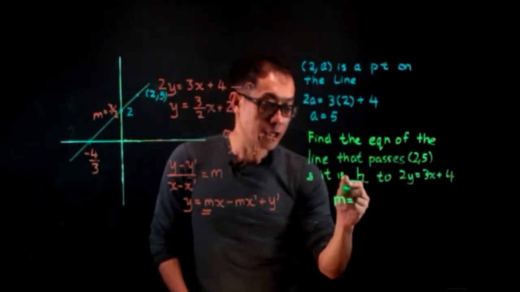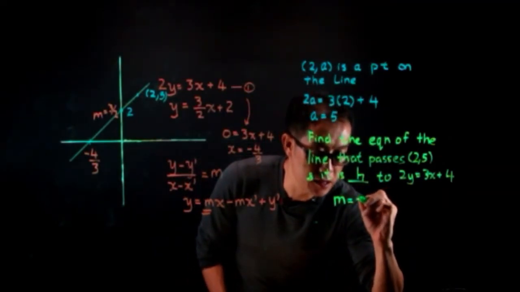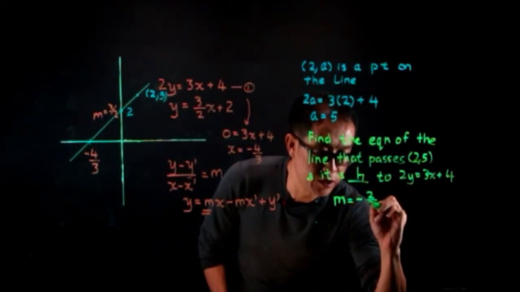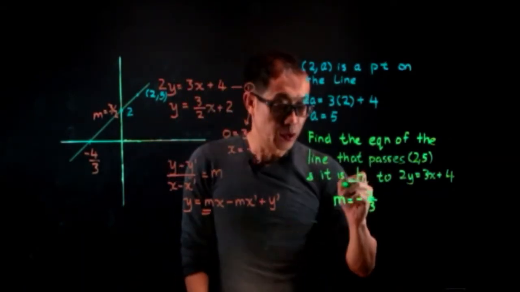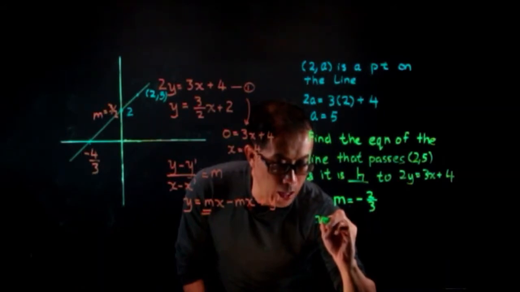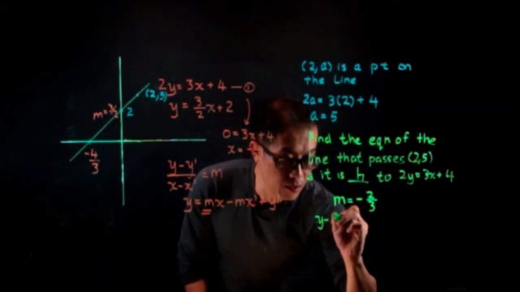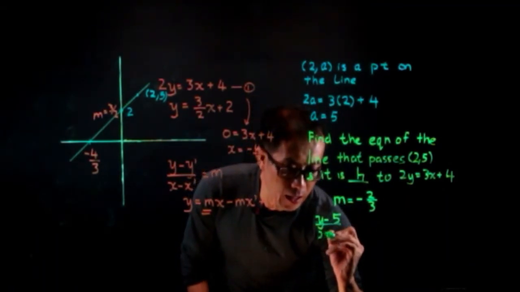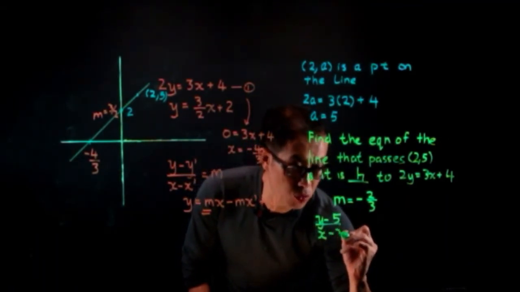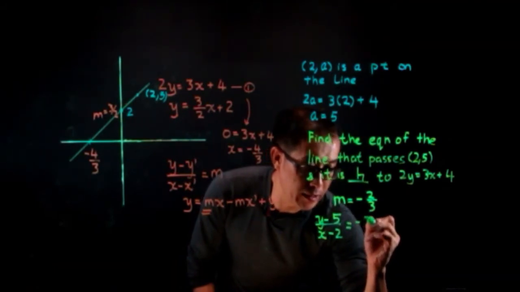So the gradient of this line will be minus 2 over 3. Okay, now what is the equation of the line? It will be (y minus 5) over (x minus 2) equals minus 2/3.